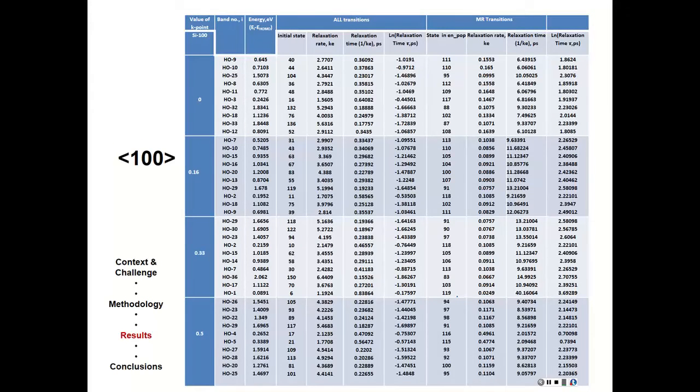Time, how long it takes to relax from LUMO plus 15 to LUMO, or HOMO minus 20 to HOMO. Okay, but the time or rate is just one number. What is this number on the diagram? I don't remember. No, just show here.